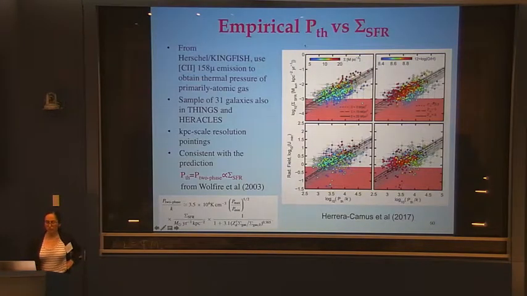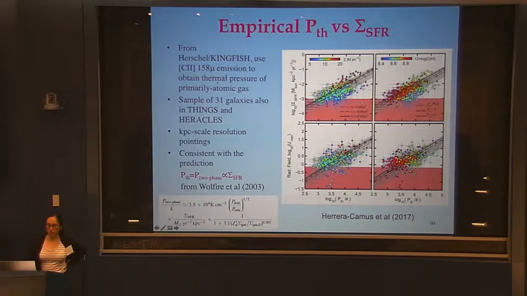Okay, so how does this kind of expectation of feedback compare with observations? So this is looking at a set of the Herschel KINGFISH survey, which looks at the C+ 158 micron line.